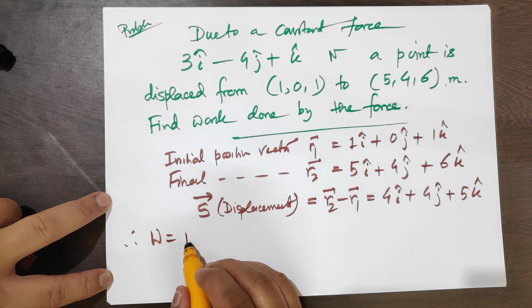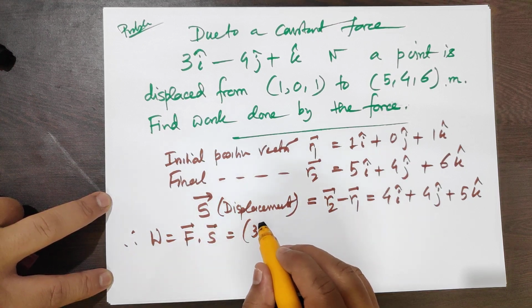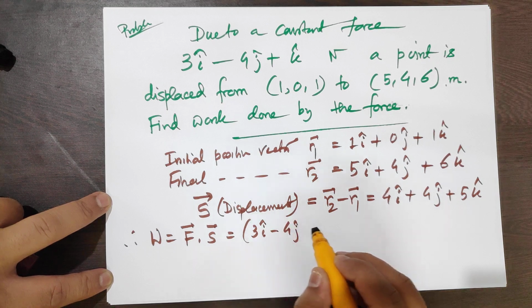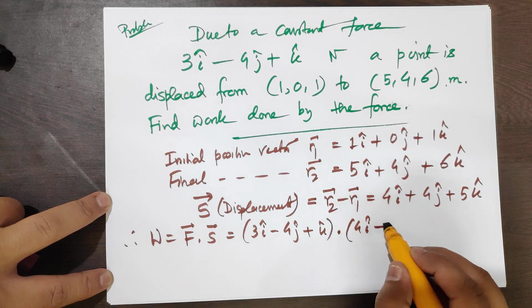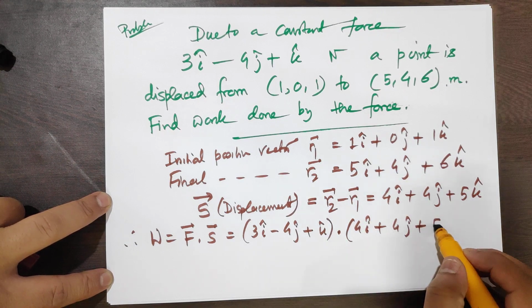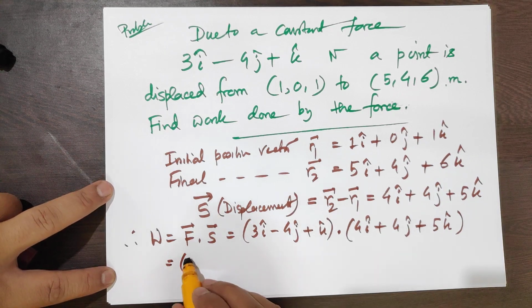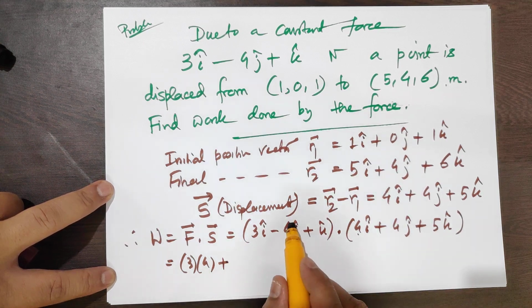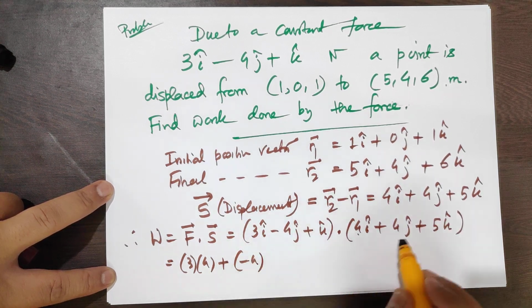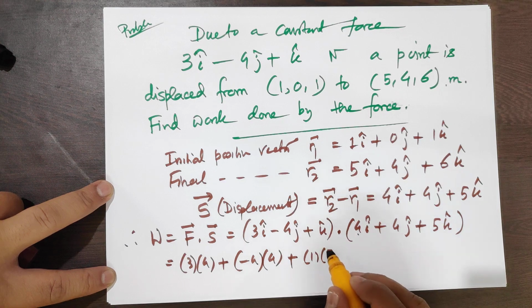Therefore work done is F dot S, so (3 i cap minus 4 j cap plus k cap) dot (4 i cap plus 4 j cap plus 5 k cap), and you know how to expand the dot product. So this component 3 multiplied by this component 4, plus this component minus 4 multiplied by this component 4, plus this component is 1, here it is 5.